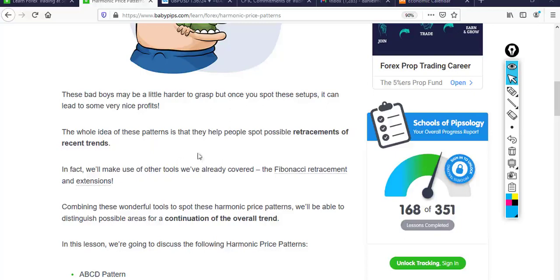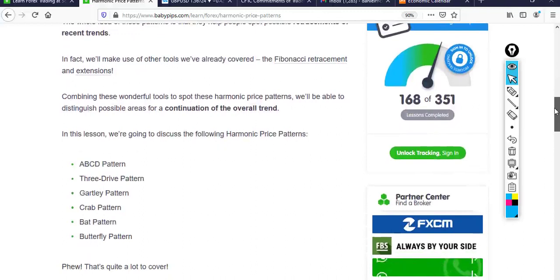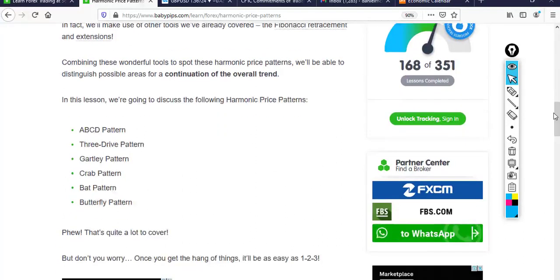A combination of both the Fib tools and the harmonic patterns will help you have a firm grasp of whatever you're doing in the forex market. By so doing, we will be able to distinguish possible areas for a continuation of the overall trend.